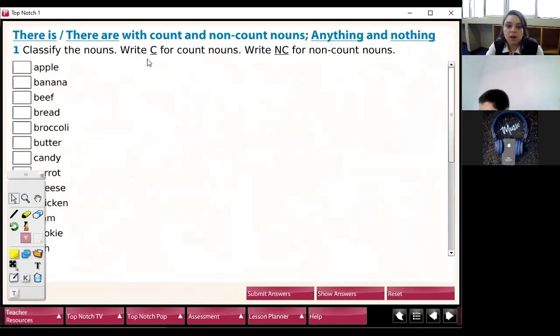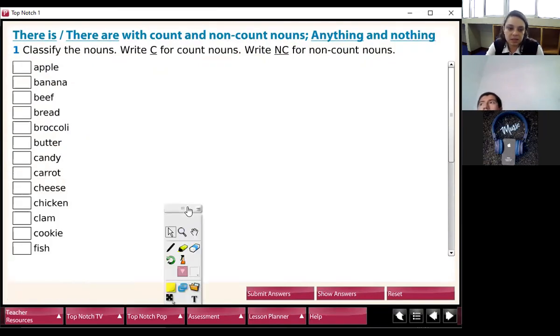Classify the nouns. Write C for the count nouns and write NC for the non-count nouns, okay? So, this one we have right here: apple, banana, beef, bread, broccoli, bottle, candy, carrots, cheese, chicken, clam, cookies, and fish.